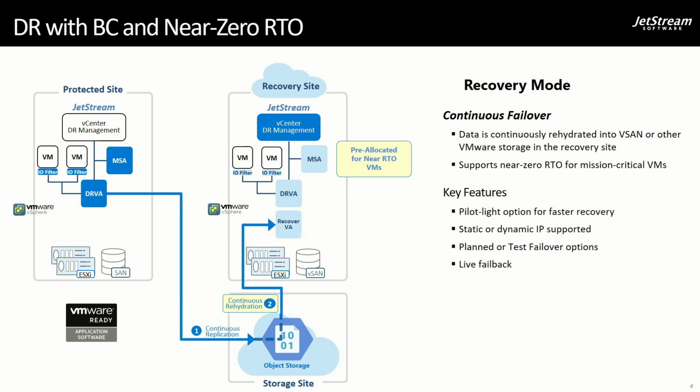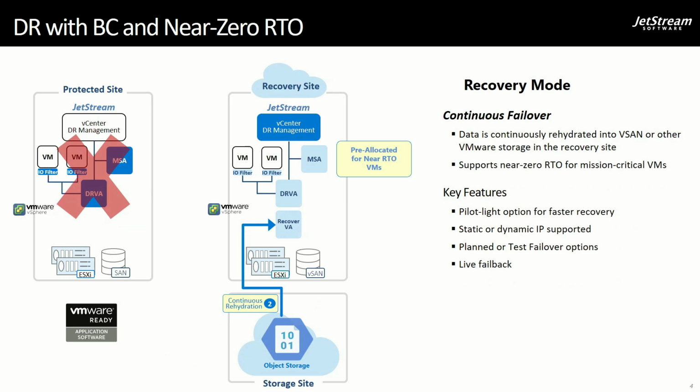So now, same scenario, we have our disaster. We lose the protected site, we lose the connection, whatever it turns out to be. So now we're going to recover out of the storage site. We'll transfer ownership, again same as before. But what we'll find in this case, and I'll show this to you in the demo, is that we've already been rehydrating the data into the primary storage on the recovery site.